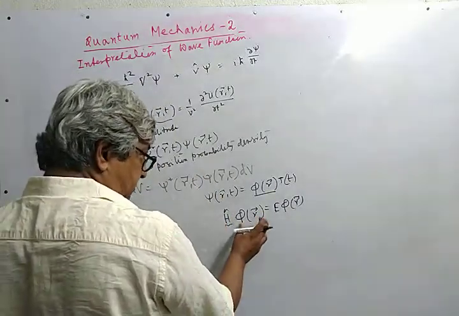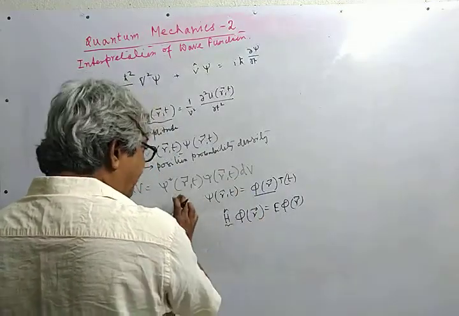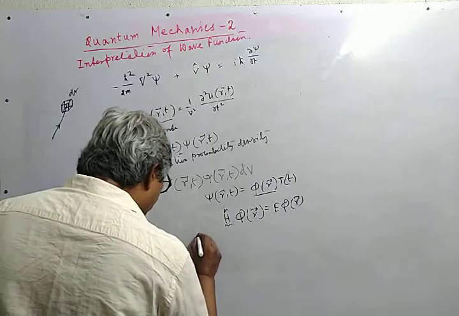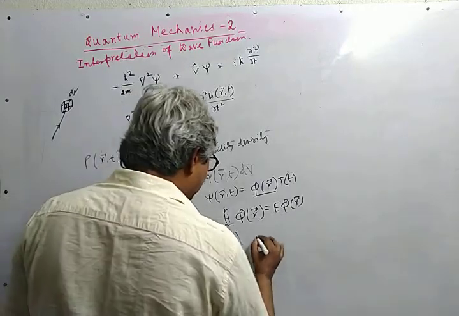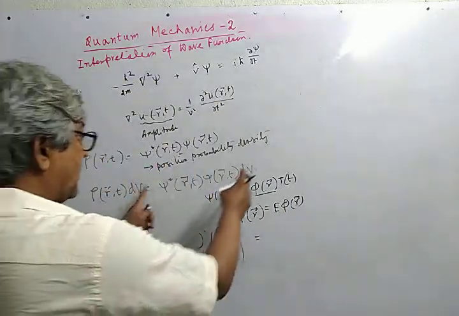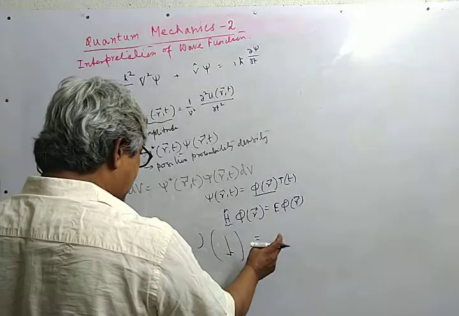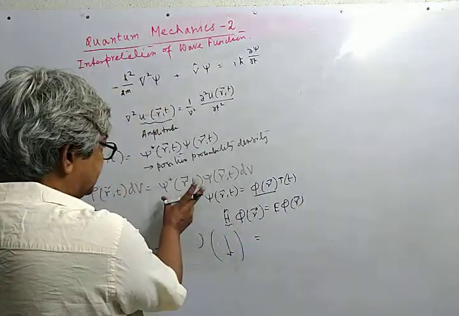The Hermitian conjugate of a column vector is a row vector, and whenever we multiply a row vector by a column vector, the result is a scalar. Here we are talking about probability, which is a scalar quantity. So that is the spirit of writing psi star from the left.